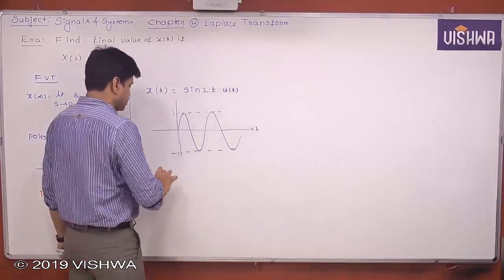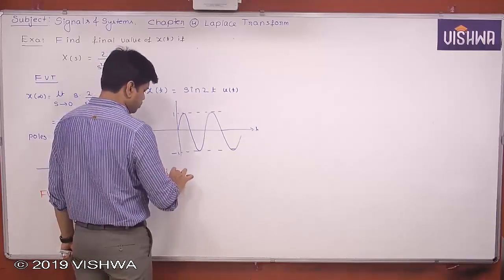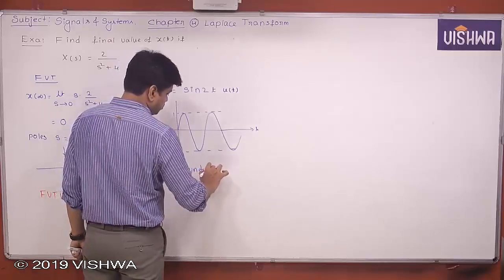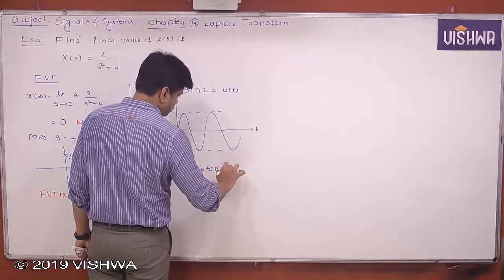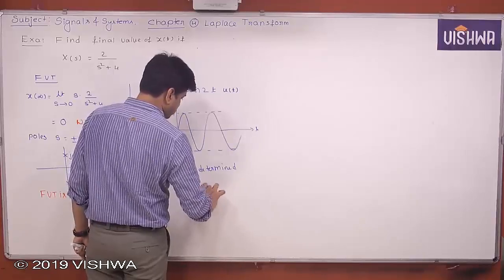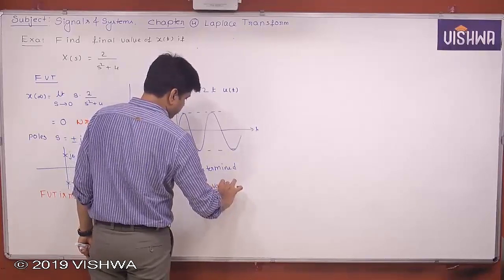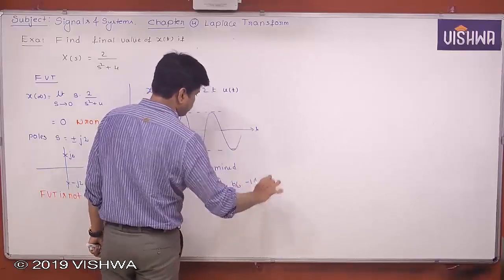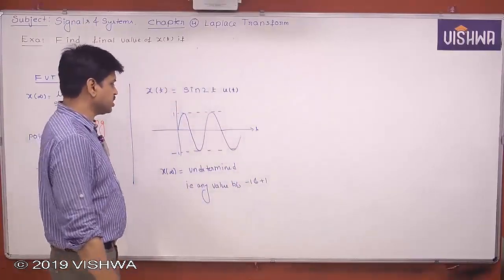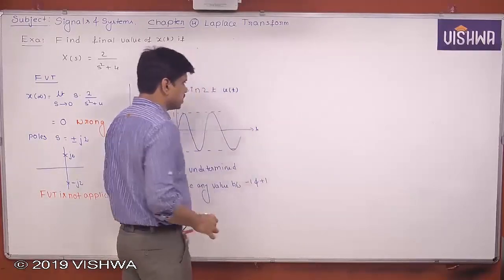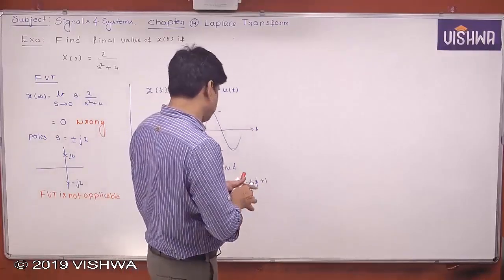So x of infinity is undetermined. We cannot say certainly what the value is. Clear or not? This is one example.